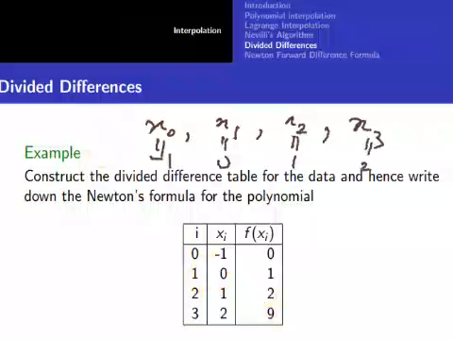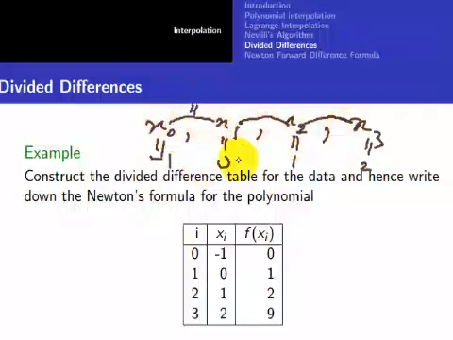And look at the distance between these two neighboring points. If you consider any neighboring points of x's, say let's look at the distance between x0 and x1. What is the distance? Just consider the magnitude.